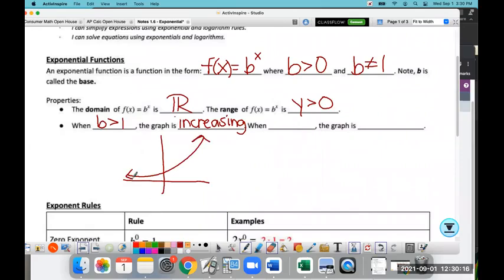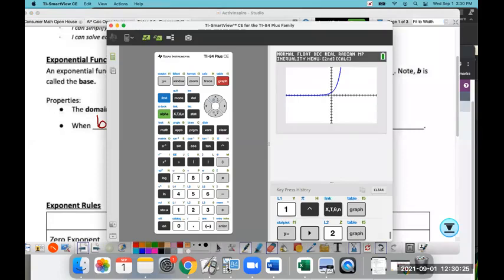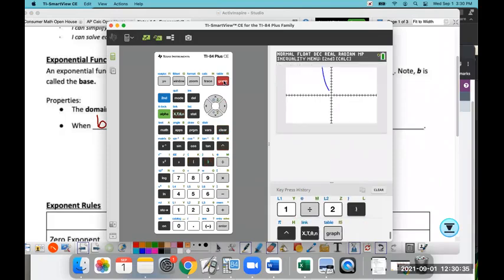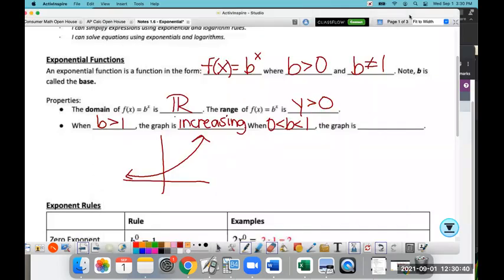And then if b is a value between 0 and 1, like 1/2, think about what happens when you multiply 1/2 by itself multiple times. The values get smaller and smaller. So that would be a decreasing graph.